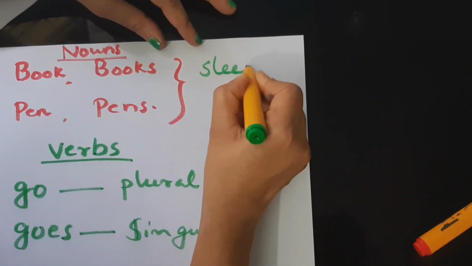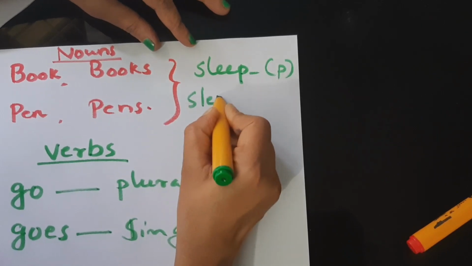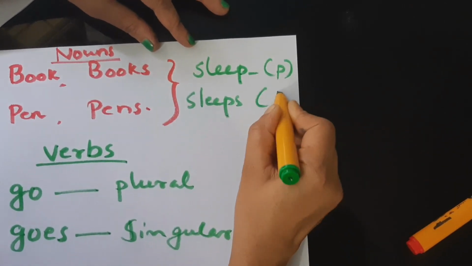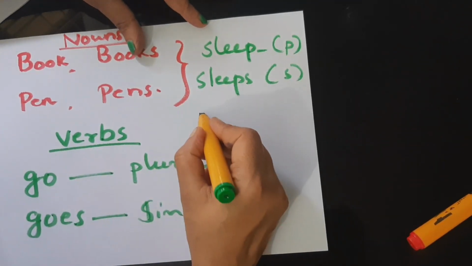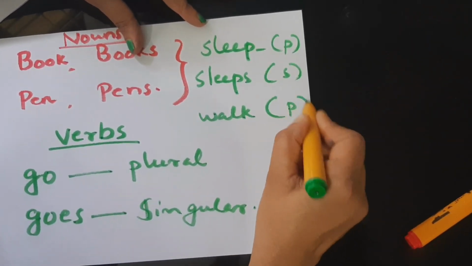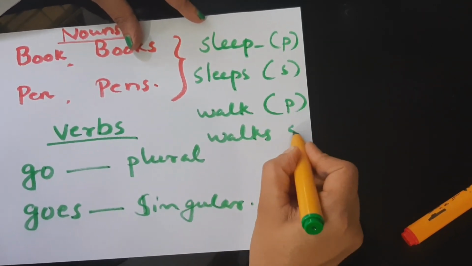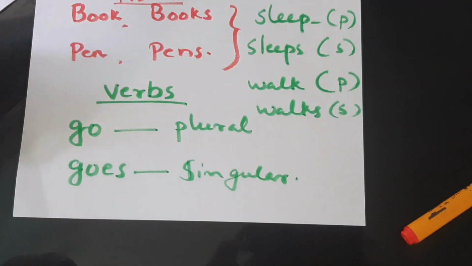Sleep is the plural form, whereas sleeps is the singular form. Walk is the plural form, whereas walks is the singular form.